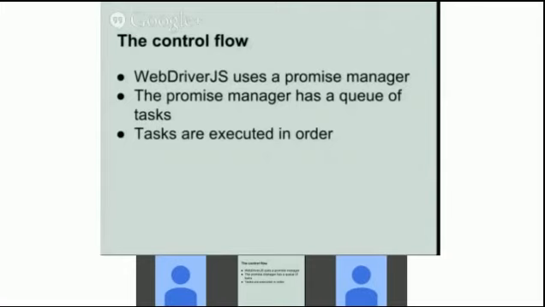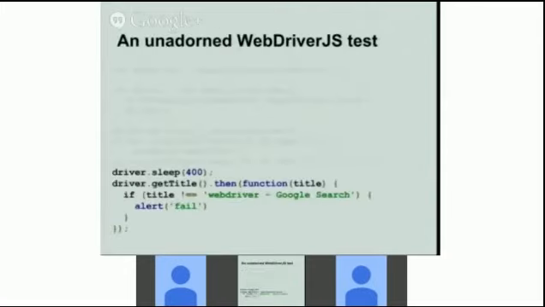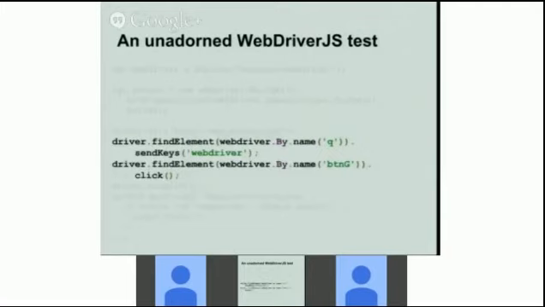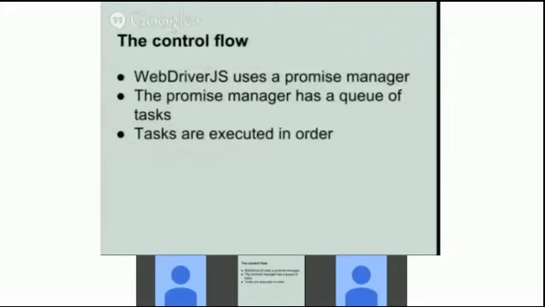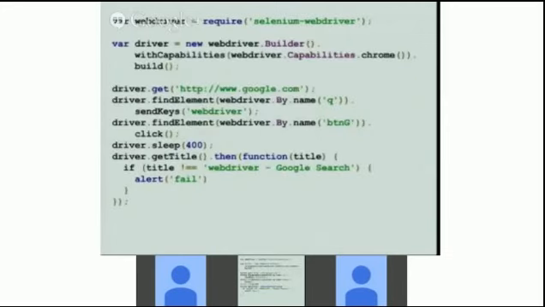So even if this is all asynchronous, it executes all of these instructions in the same order as you have them in your test. And after it executes one instruction and it's ready, then it performs the next one. So in this case, it would go to google.com, find the elements, send text, click on the button, wait, and then it would do an assertion.